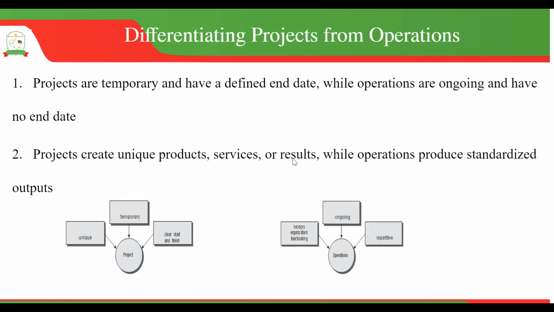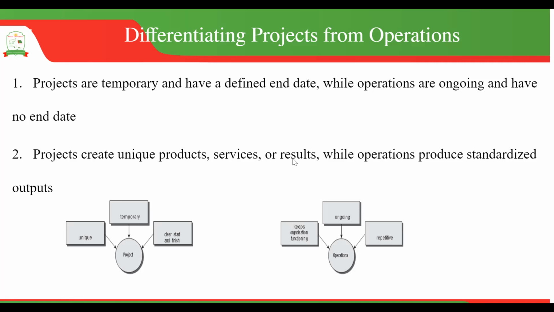So projects have a time limit. That means that they have a defined end date. They are temporary. They don't continue forever. We can have projects of 6 months, 1 year, 3 years, 4 years, and things like that. But definitely there is a time frame to projects. Whereas operations are continuous, they are ongoing throughout, and they don't have an end date.